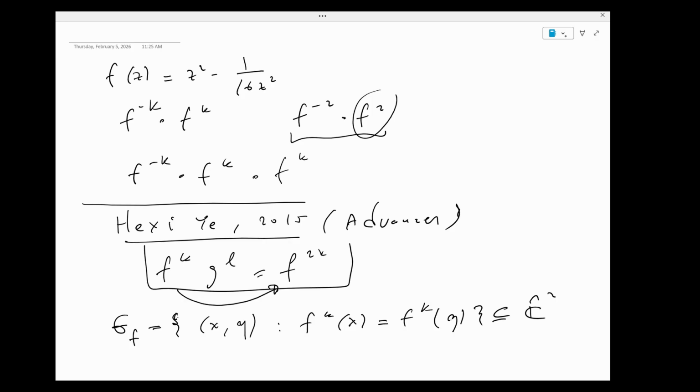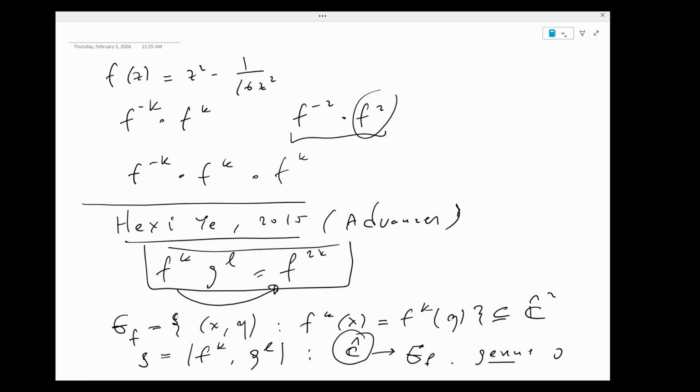If you have such an equation, then you have an embedding. Well, actually, it's not an embedding. It may have some singularities of that sort, fk gl. It takes C hat and embeds it into, well, not quite embeds, to gf. This equation gives us, and okay, like I said, there are some singularities, but there is a certain normalization procedure which resolves the singularities, and you can speak of the genus, and the genus will be, of course, genus 0, because, well, you put C hat in there, so it will have genus 0.